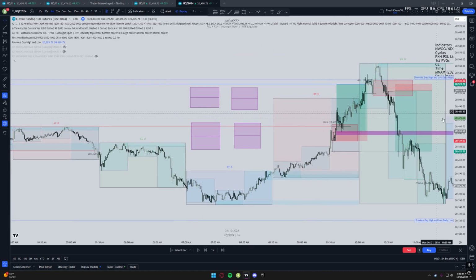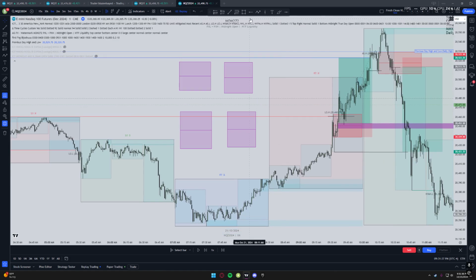And now, when we're trying to build our narrative, there's four different things that can happen. So these boxes are going to be the current time cycle. We're going to use this line, the 50% level of these boxes, as a point of interest from the last time cycle. So say we open up, this is our current time cycle. We open up, we come above the high of the last time cycle.